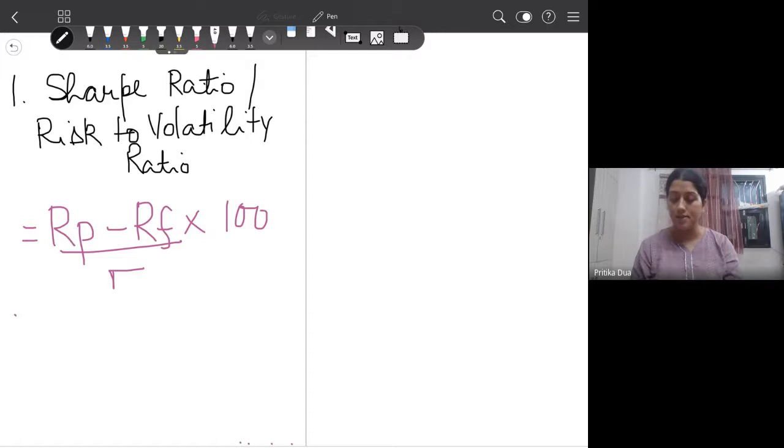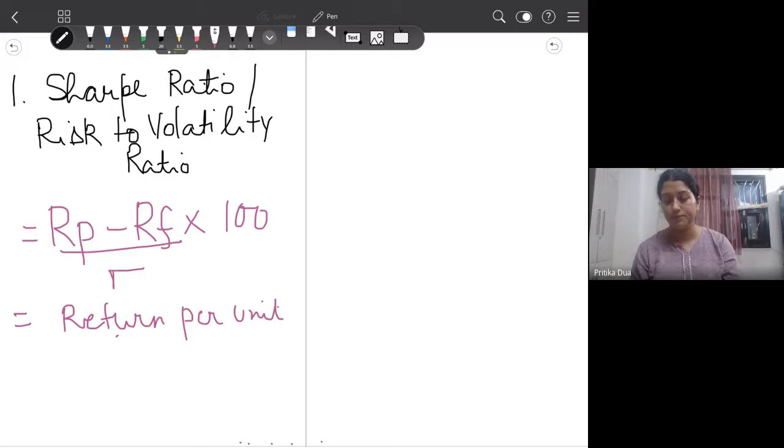So this ratio is giving you the return per unit of risk. What is the return you are earning? The return per unit of risk, and hence higher the ratio, better it is.